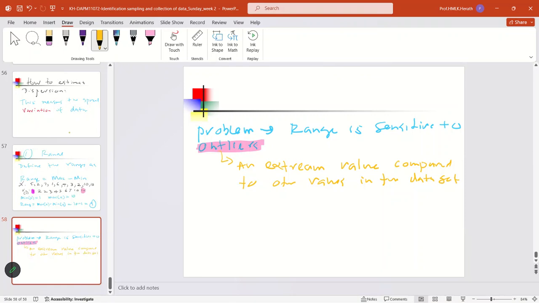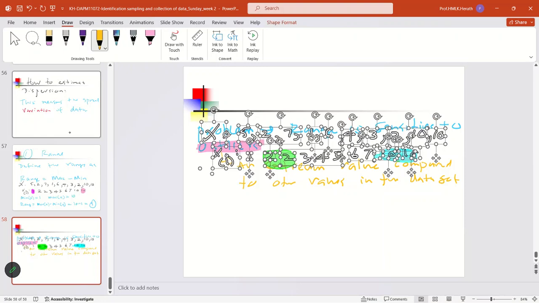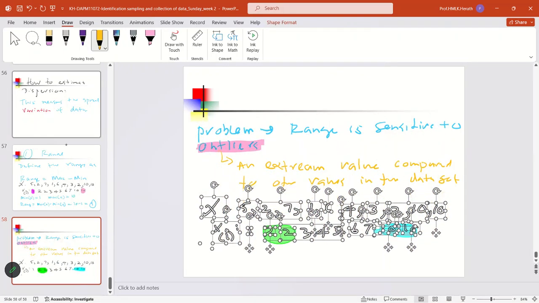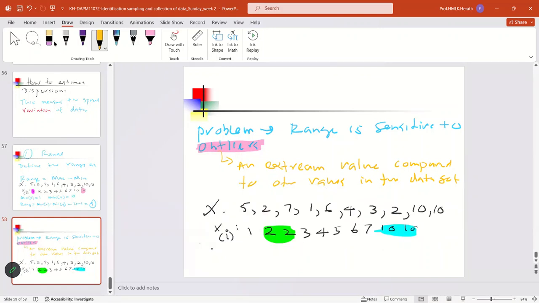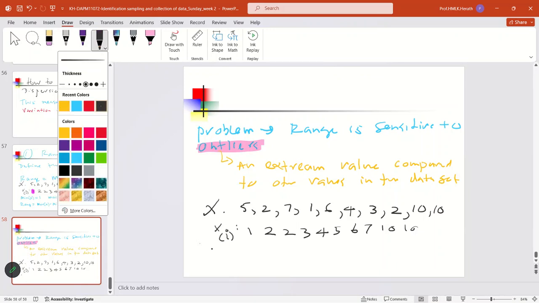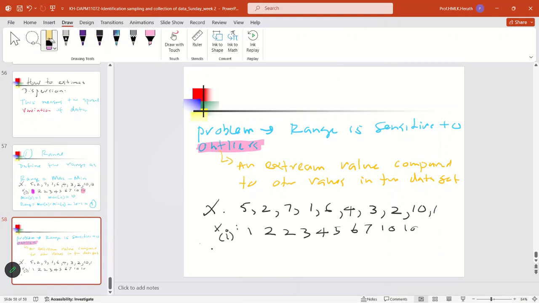An outlier is an extreme value compared to the other values in the data set. Imagine in our data set, instead of this 10, there was 75. So this 75 is very much bigger than the rest of the values in the data set.